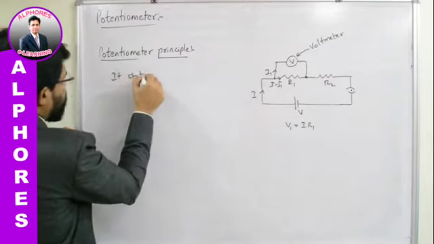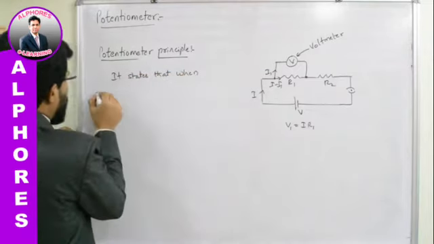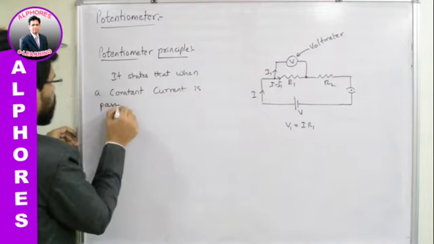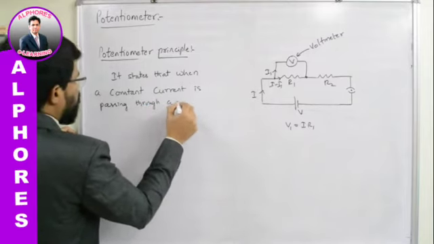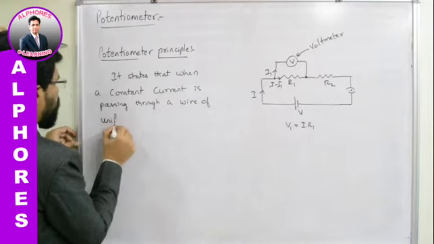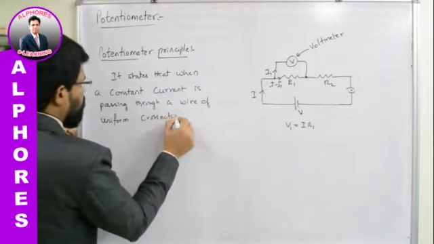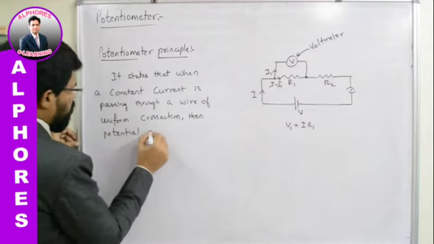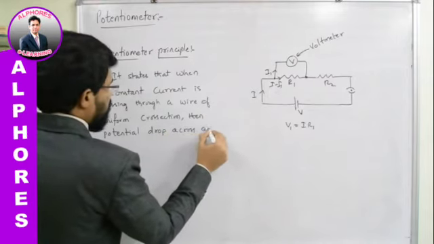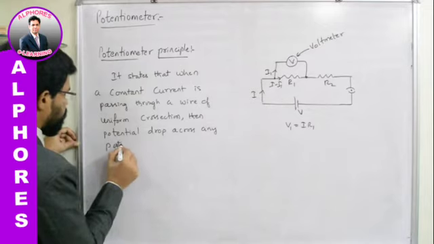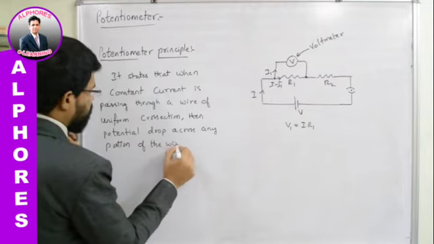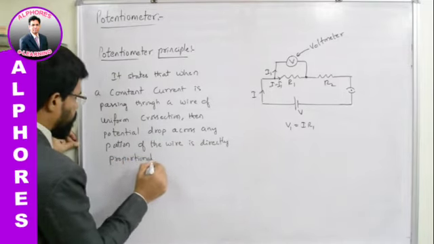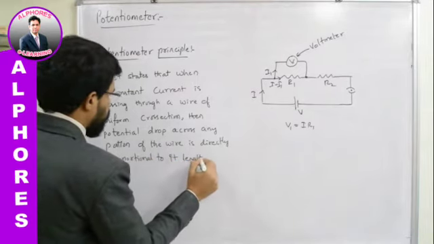It states that when a constant current is passing through a wire of uniform cross section, then the potential drop across any portion of the wire is directly proportional to its length. Whose length? That portion's length.